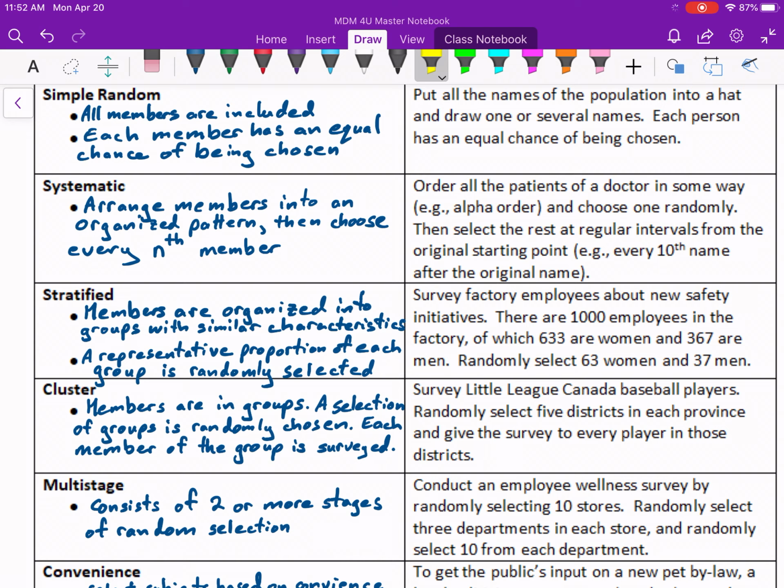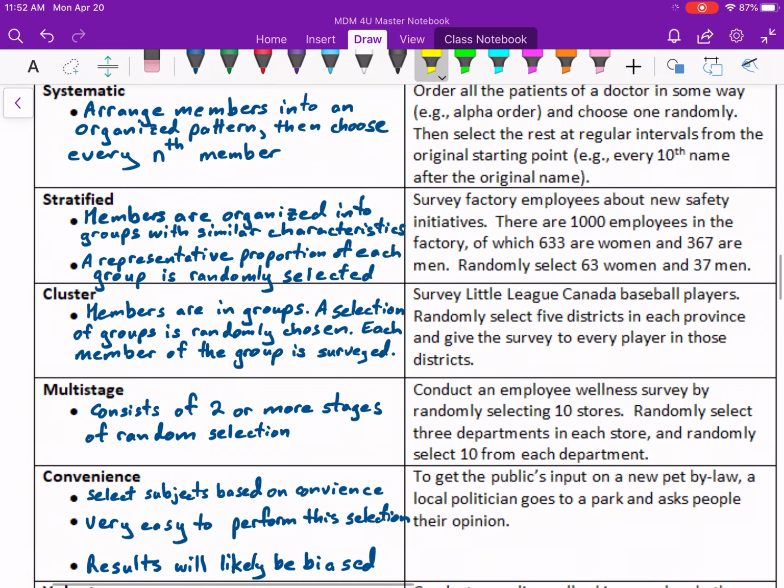Say we took every 10th member on a class list. You don't know whether you're going to be the 10th person or not, so it's still fairly random. The example here: all patients of a doctor, organized maybe in alphabetical order, choose one randomly, and then we take every 10th person on the list.